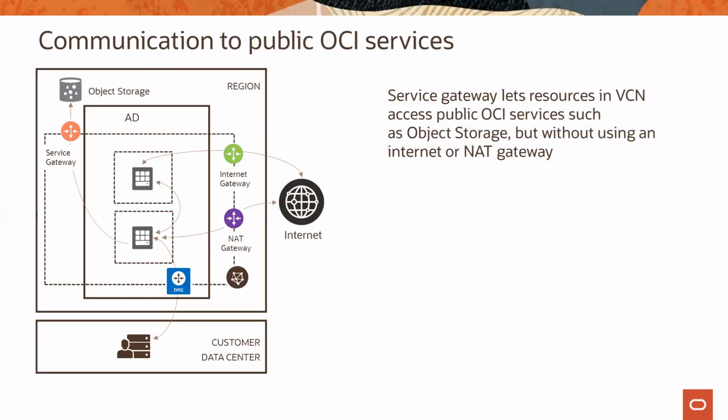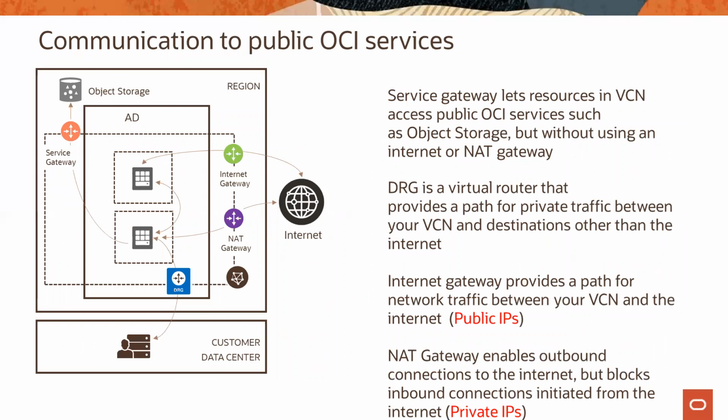Then you have to understand very well the different gateways that you are having. Let's start from bottom to up. The NAT gateway is for when you have a private subnet and you want this subnet to be able to access the internet.